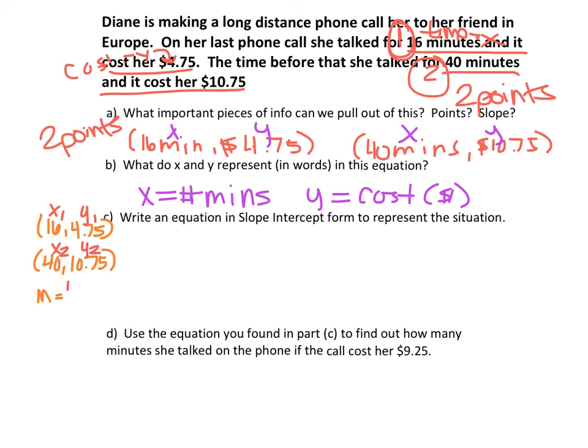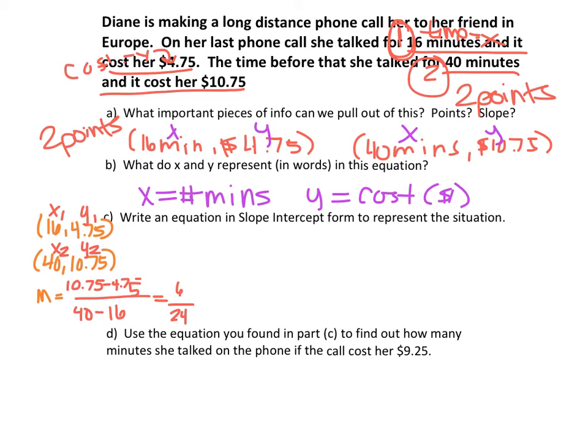And so I do y2 minus y1 over x2 minus x1. So 10.75 minus 4.75 is 6. 40 minus 16 is 24.